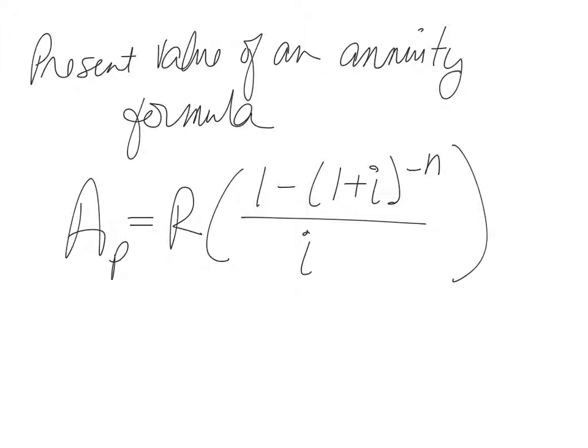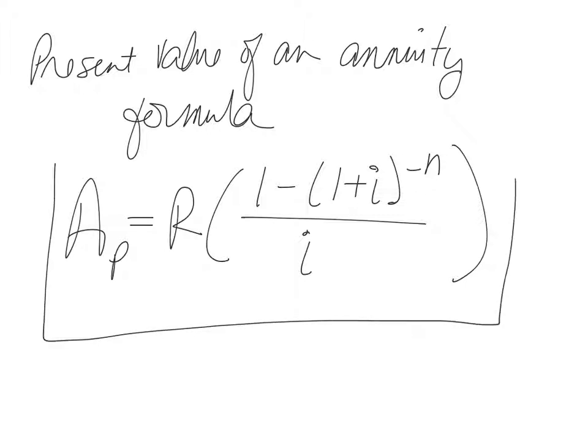I could show you how we redistributed all of the variables and did some algebra, actually FOILed something to come up with this formula, but it's okay. This is what we're going to write down. This is our present value of an annuity formula.